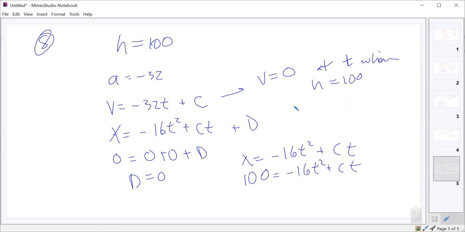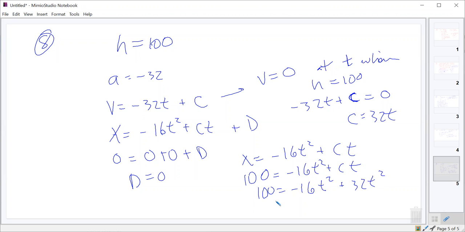So we could say that negative 32t plus c is also equal to 0, because we need the velocity to be 0, which would tell us that this constant should be equal to 32t. That'll do it. And that'll give us 100 equals negative 16t squared plus 32t times t, so plus 32t squared.